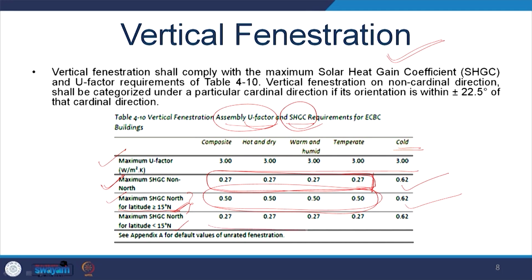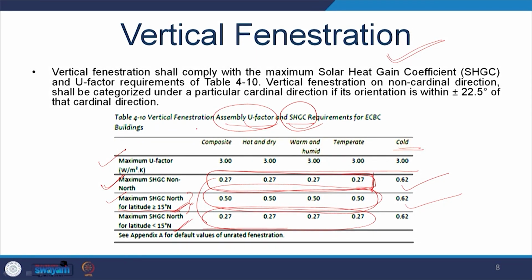In all other windows for places which are having their latitudes less than 15 degree north, the SHGC has again been prescribed the same as the non-north windows, which is 0.27. So, when we are selecting the fenestration, we have to meet the prescriptive requirement.